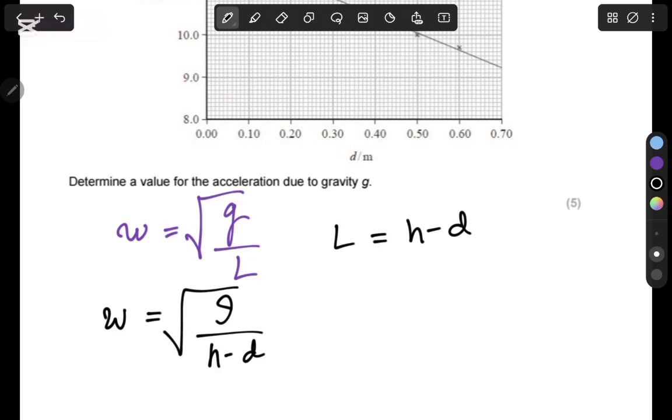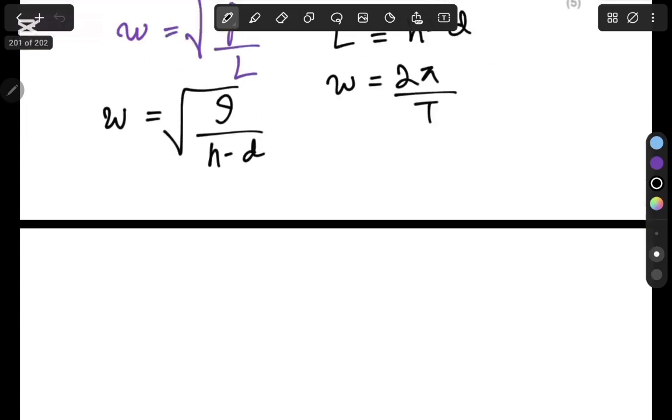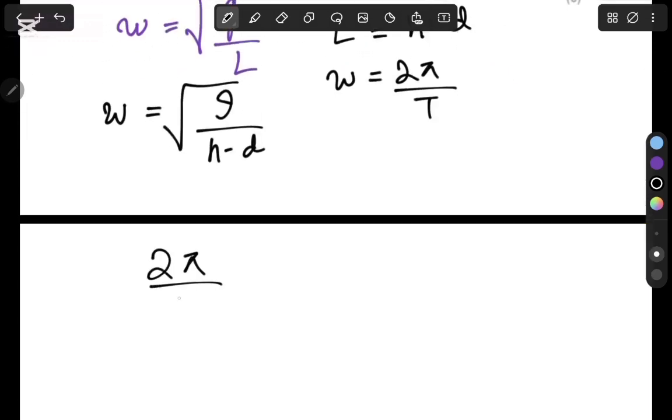Okay. So now what we know is that ω is equal to 2π over T. So now I can say 2π over T is equal to the square root of g over (h minus t).